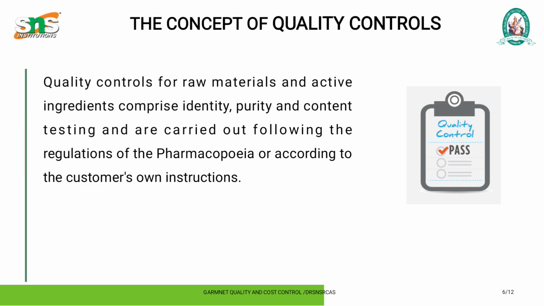The concept of quality control for raw material and active ingredients comprises identity, purity and content testing, and is carried out following the regulations according to the customer's own instructions. The quality control concept is to maintain the standard of the given product.